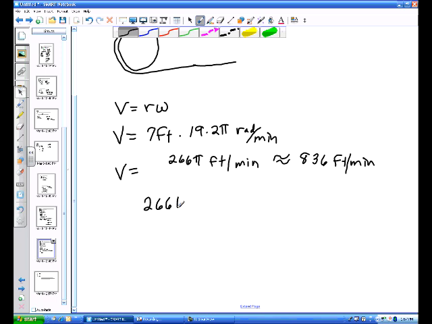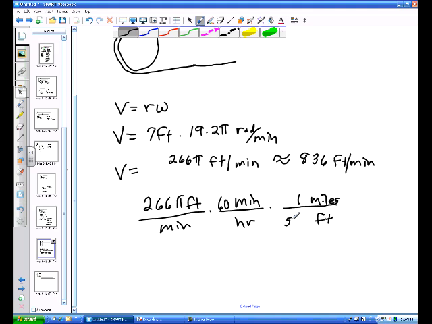So I'm going to keep the 266 pi right now, feet per minute, and let's see what we need to change. We need to change our minutes to hours. So we need minutes in the top, hours in the denominator, and we know there's 60 minutes in an hour. We need to change feet to miles, so we've got to get rid of our feet and change it to miles.